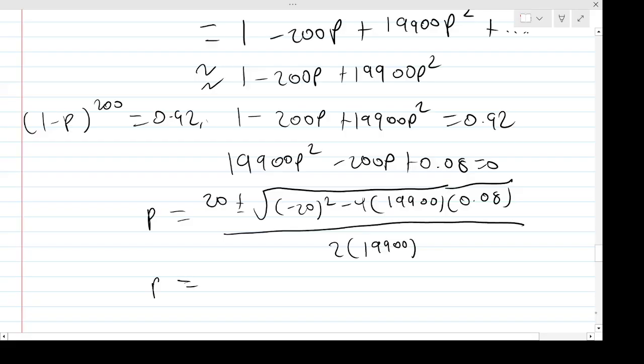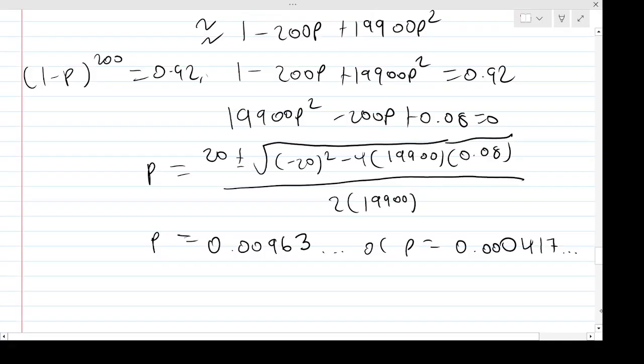So p is either 0.00963 dot dot dot or p is equal to 0.000417 dot dot dot. Okay.